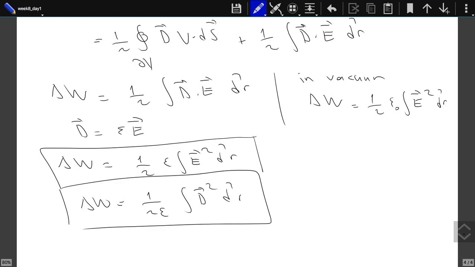We are only bringing additional free charge. So that's why these two expressions, although both of them are correct, they just refer to different things. This is the work that we have to do to bring all the charges, including the bound charges, into their final position. That is the work that we need to do in order to bring only the free charges from infinity to their final position.